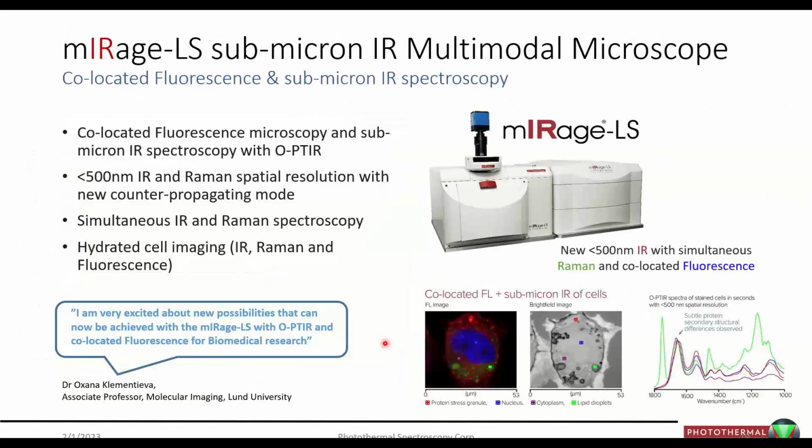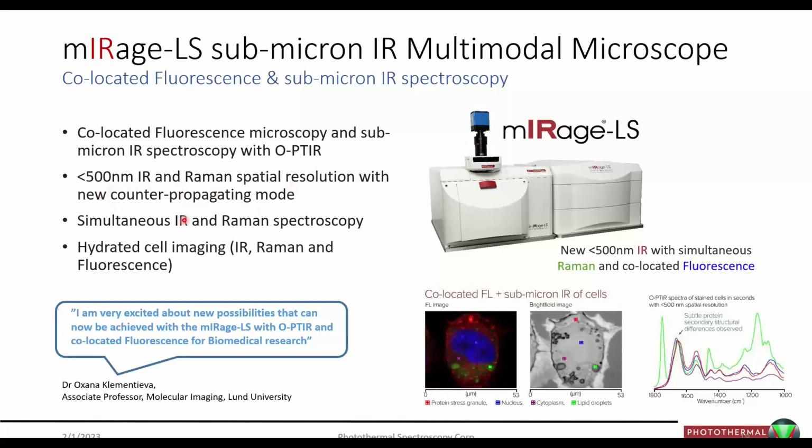So as I mentioned before, we have recently introduced the Mirage LS. That's our flagship sub-micron, sub-500 nanometer infrared multimodal microscope. Some of the highlights are that it now comes with the option for a co-located fluorescence module on top, which allows you to capture visible and fluorescence images of your sample to help guide your subsequent OPTIR measurements.